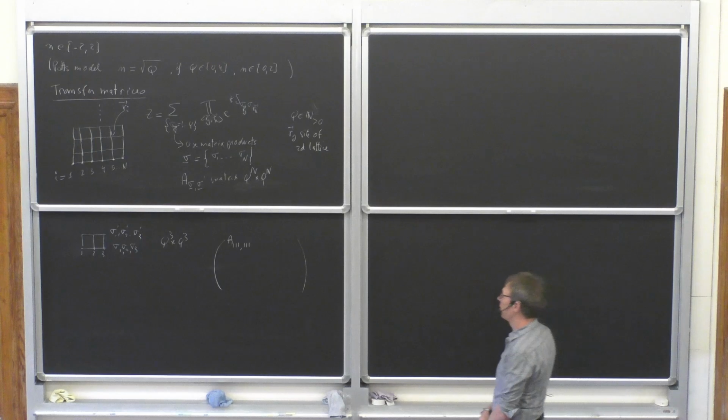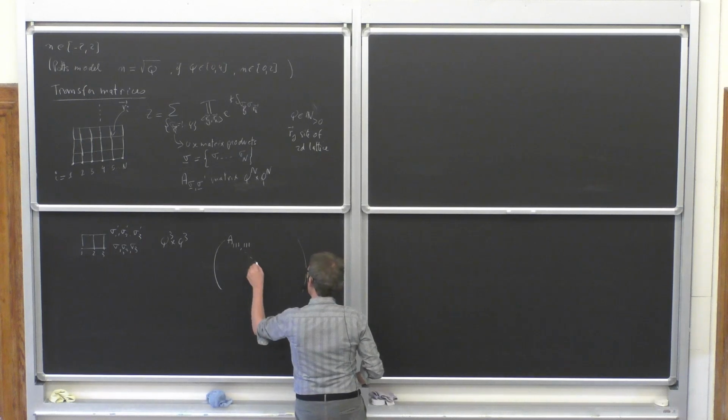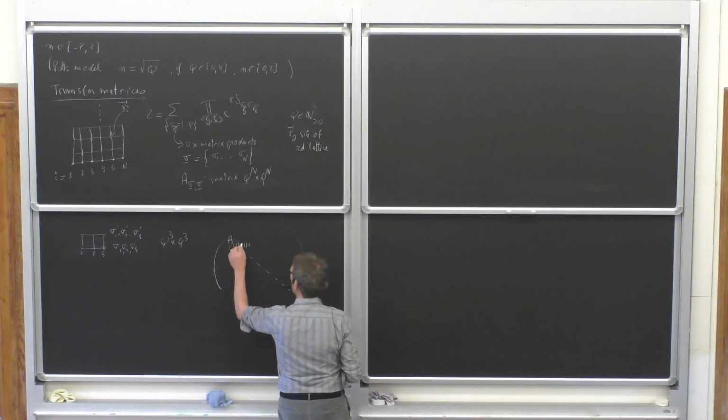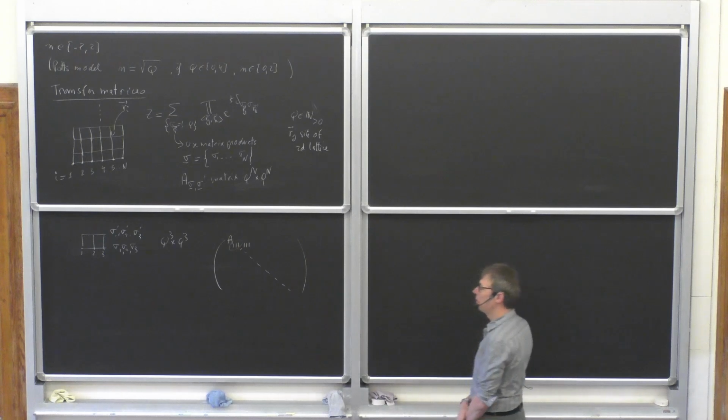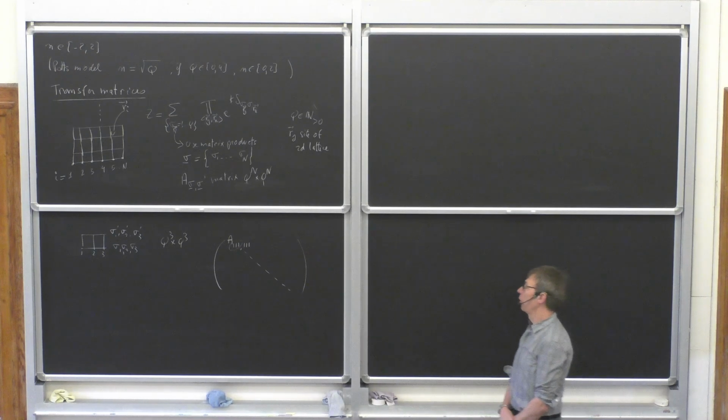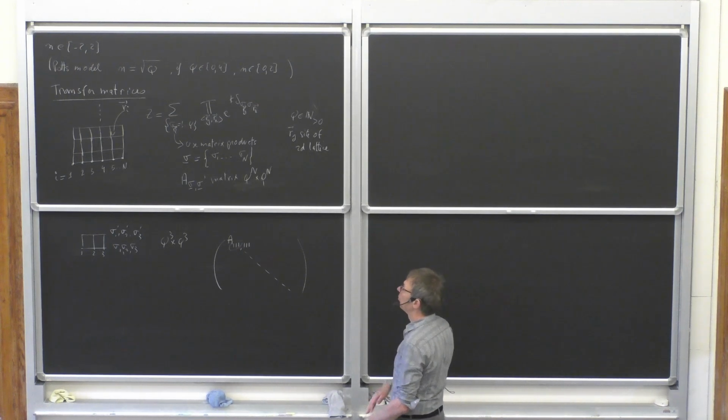All the matrix elements are q to the cube, because I have q to the cube possibility for the first label and q to the cube for the second label, right? So that's an object I could introduce.